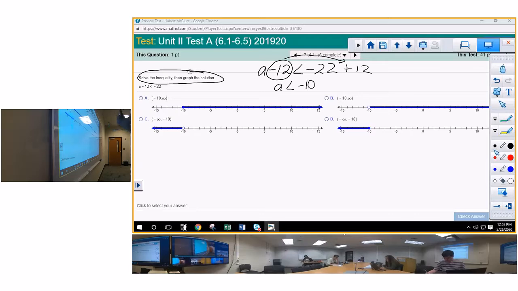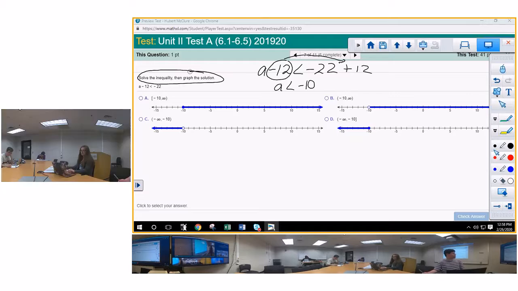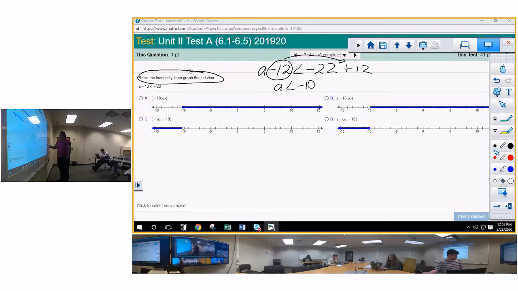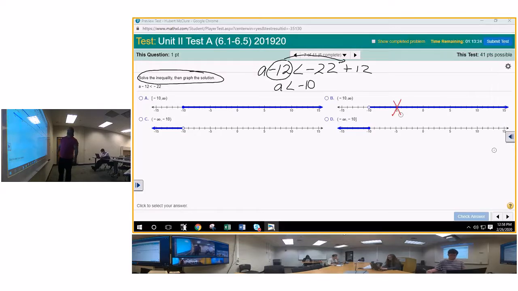So what numbers, be careful here, what numbers are less than negative 10? Left or right? Left of negative 10 or right of negative 10? Left. So I can take this one out because it goes to the right.